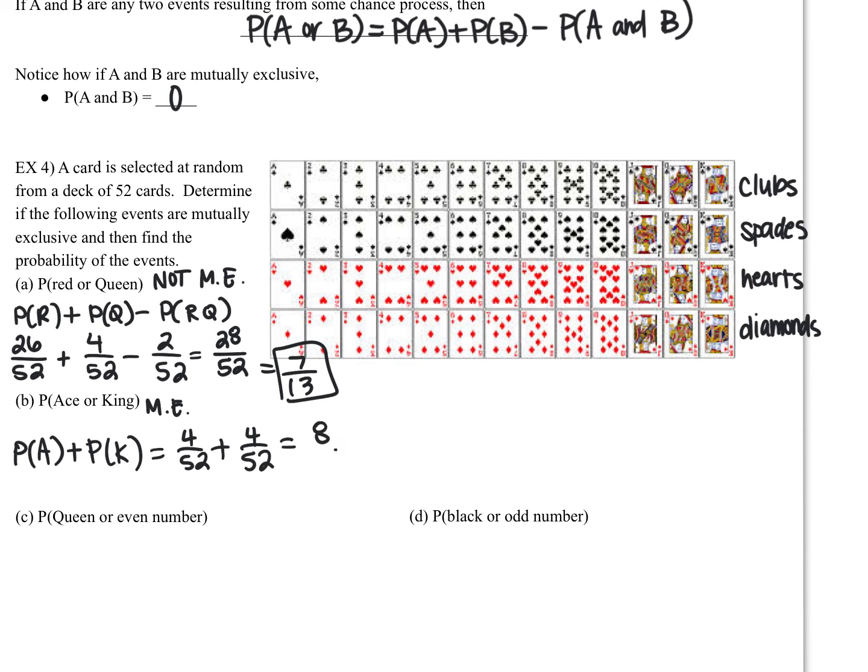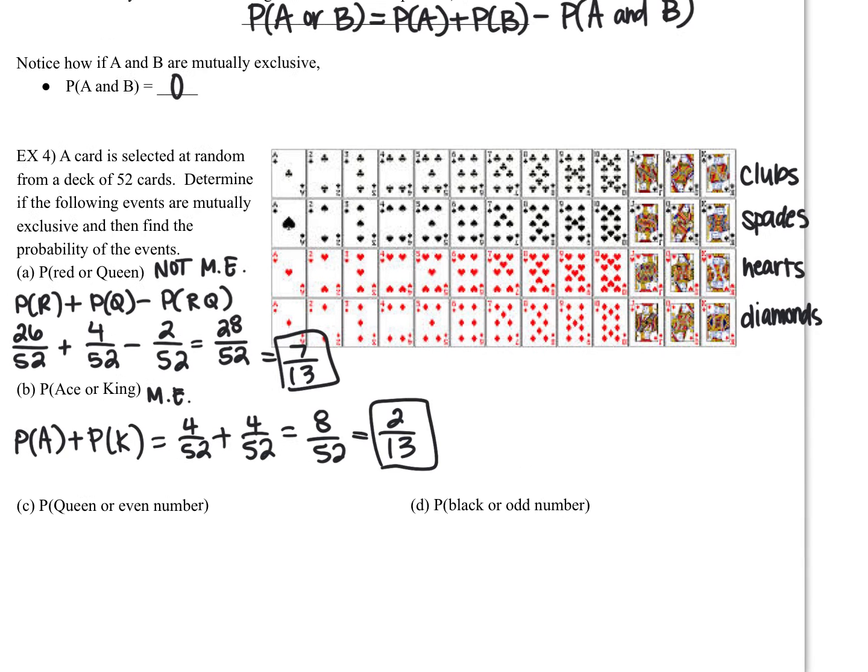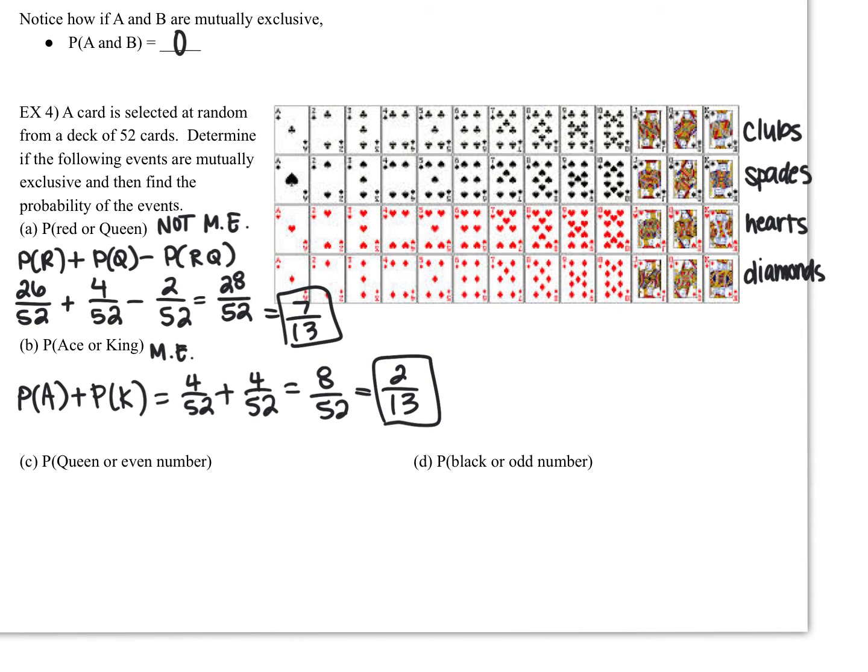So we get 8 out of 52, which becomes 2 out of 13. Which again, if you want to think in terms of decimal, 0.154. Oh, not a very high chance. That one's about 15%. Not a very likely event that you will draw an ace or a king.